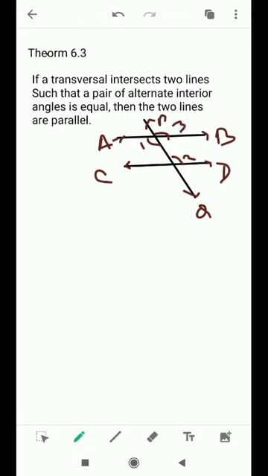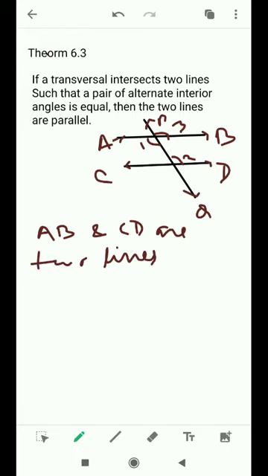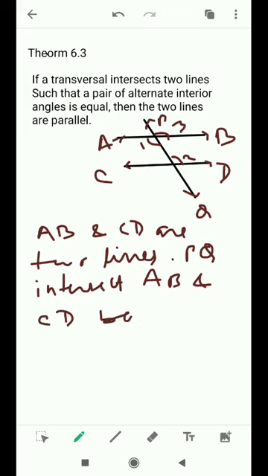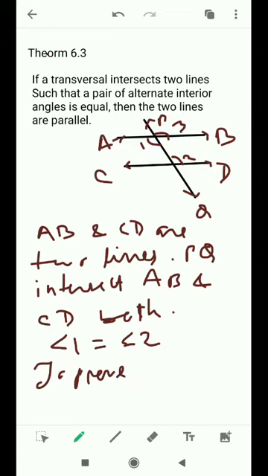So first we will write that AB and CD are two lines, PQ intersects AB and CD, angle 1 equal to angle 2 is given, that is alternate interior angles, and we have to prove AB is parallel to CD.